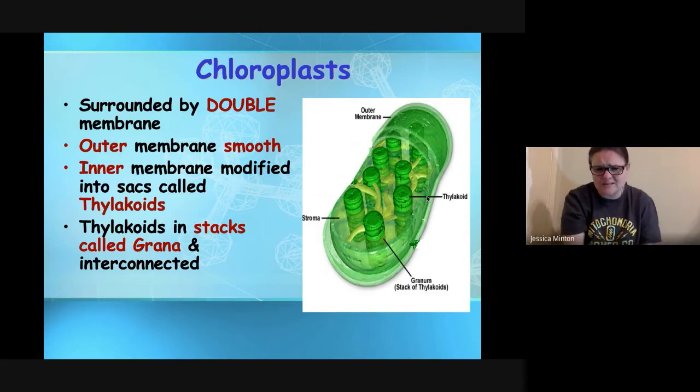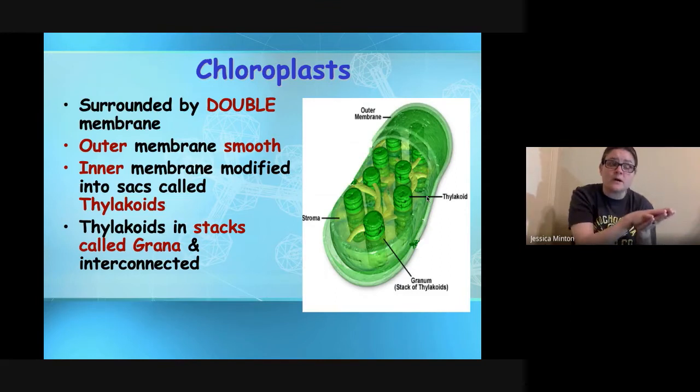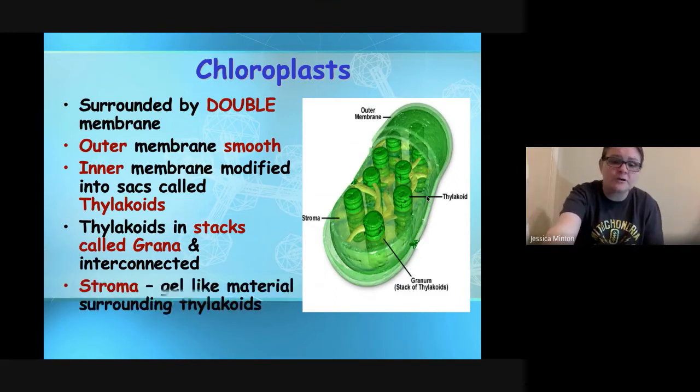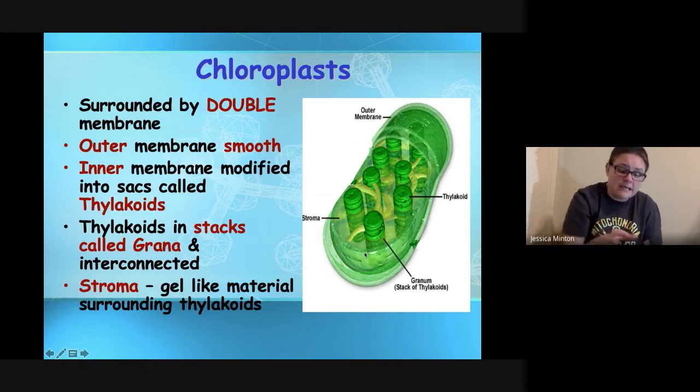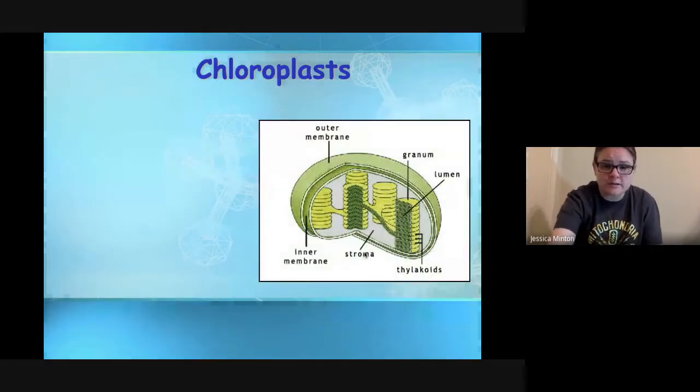They are put together in a way that can't be broken apart. They're interconnected. And the stroma is kind of like the cytoplasm. It's the gel in the middle surrounding those thylakoids.